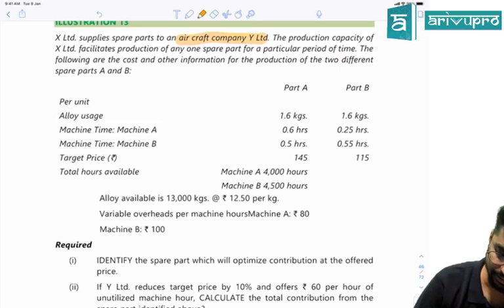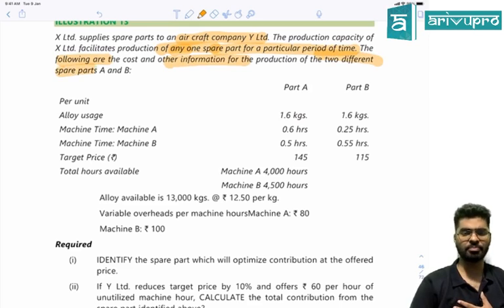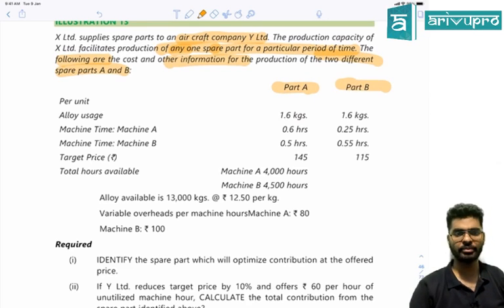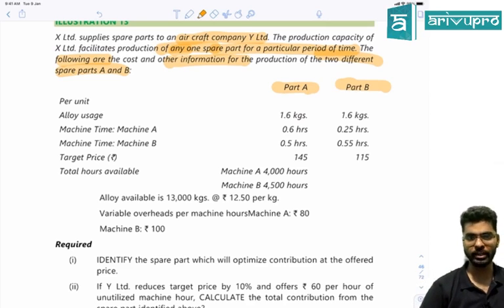The production capacity of the facility allows production of any one spare part. The following are the cost and other information for two spare parts A and B. So what are they saying? X Limited supplies spare parts to an aircraft company Y Limited. So the production capacity facilitates production of only one.